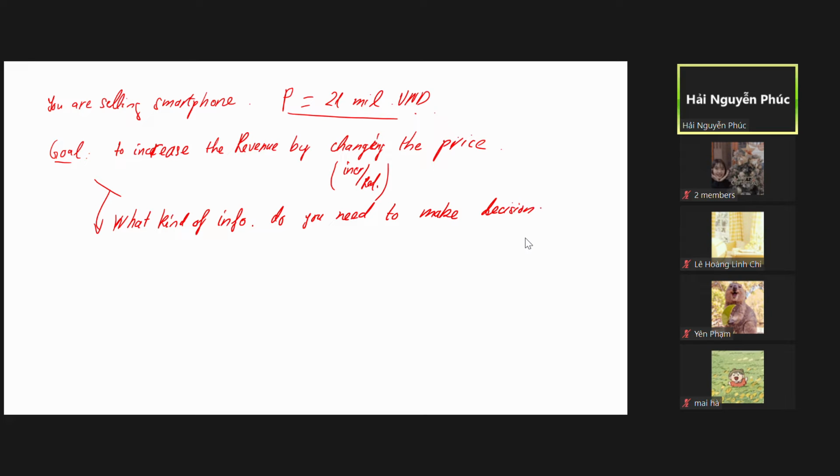What do you think? What kind of information do we need in order to make this decision of whether we should increase the price or we should reduce the price?